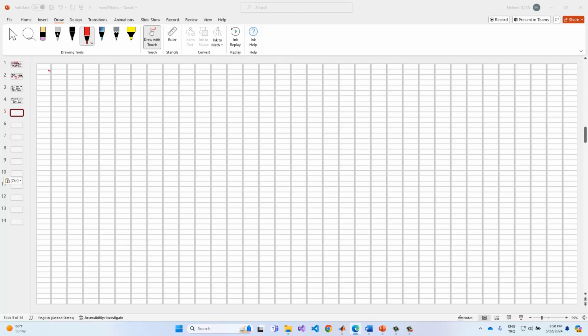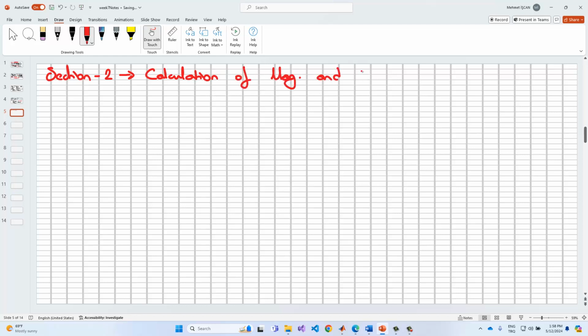Section 2, calculation of magnitude and phase.